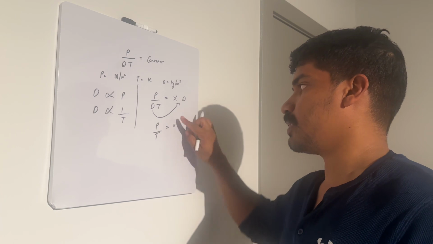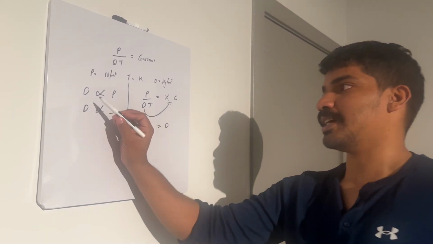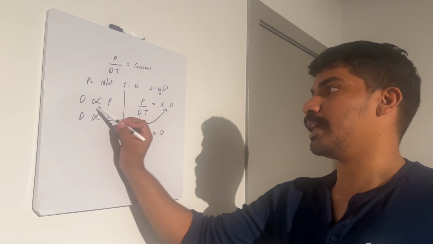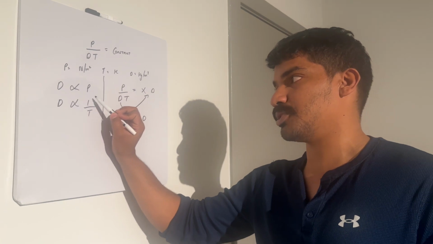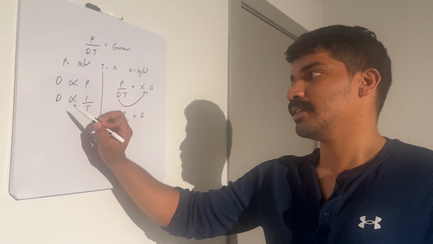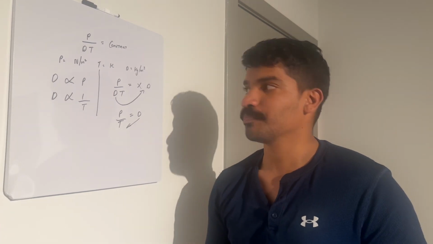Let's forget the constant for now. So there will be only density left. That's how density can be directly proportional to pressure, and density is inversely proportional to temperature, right?